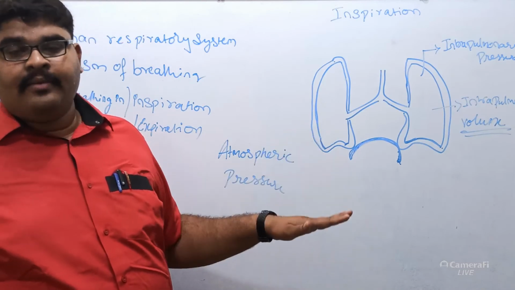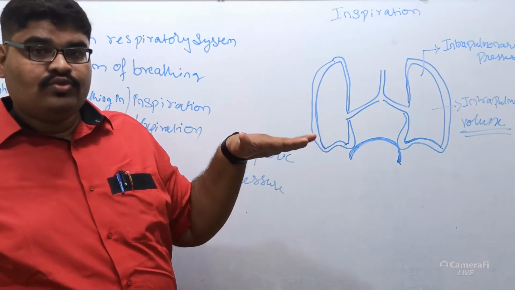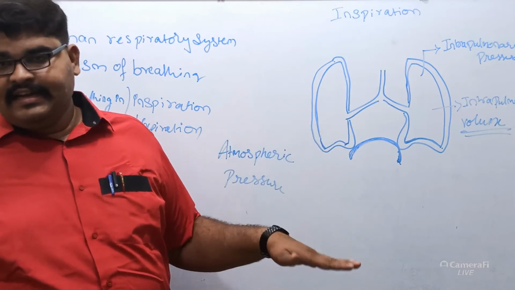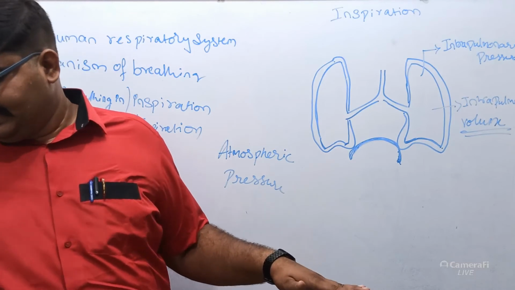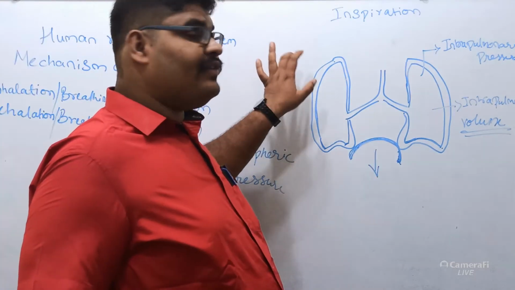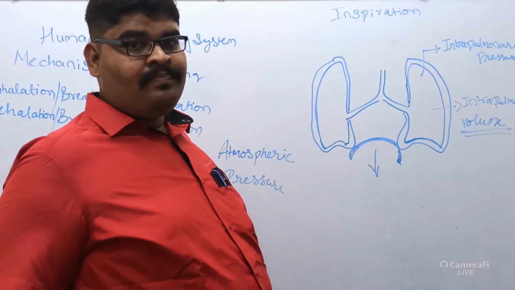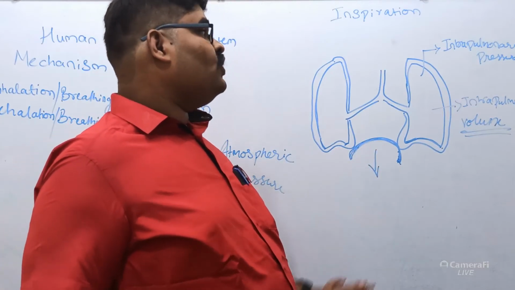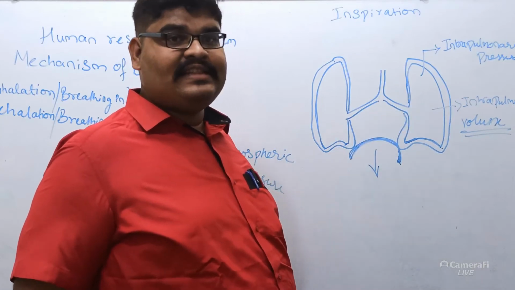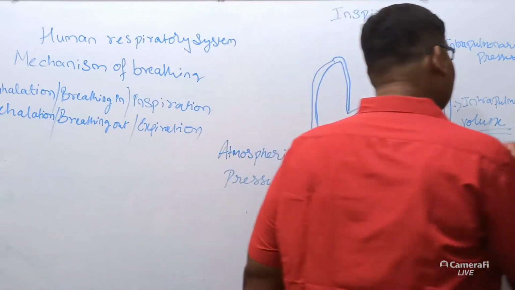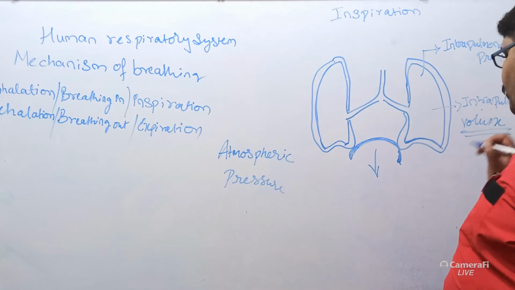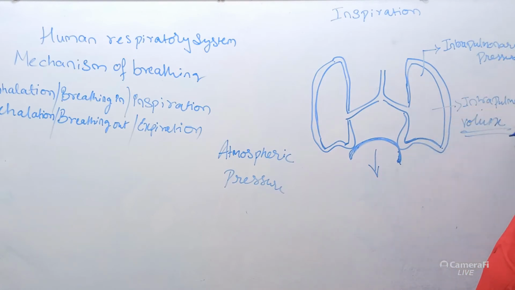Contraction of the intercostal muscles and diaphragm leads to an increase in volume. Which volume? Intrapulmonary volume.